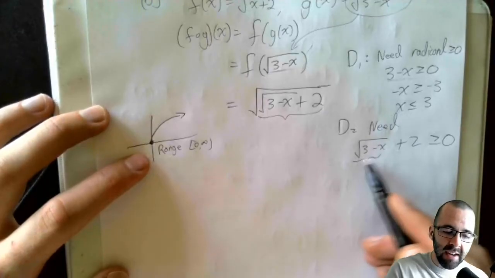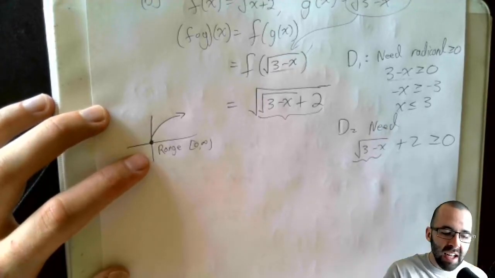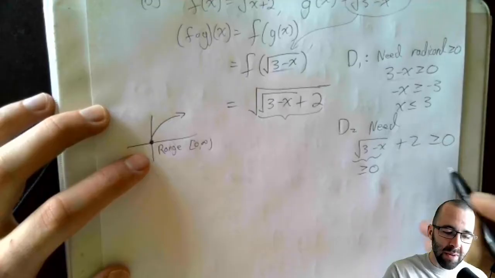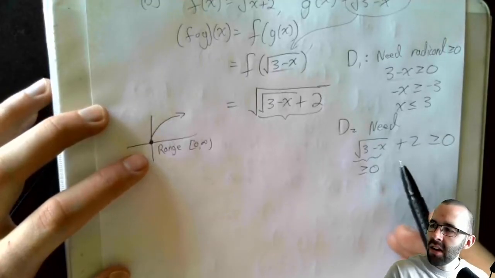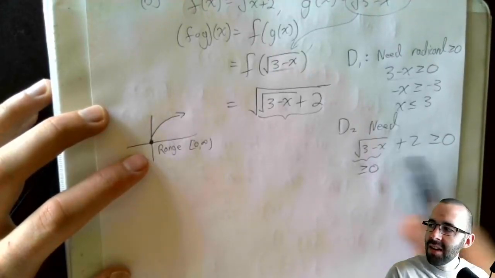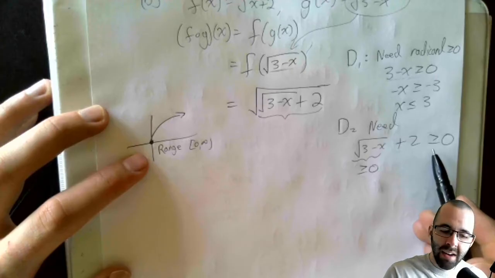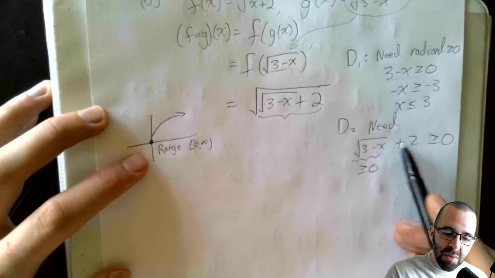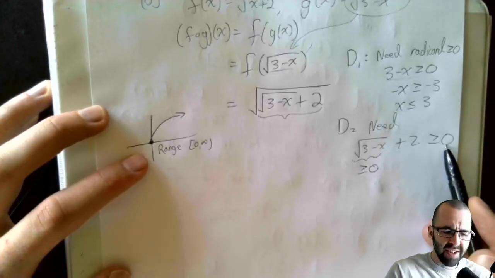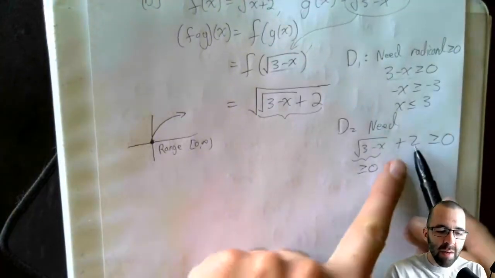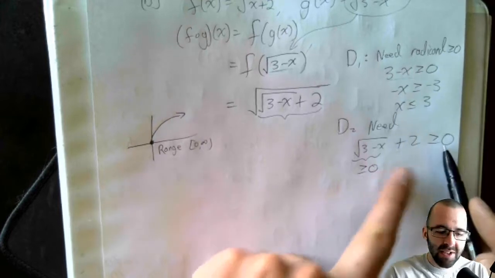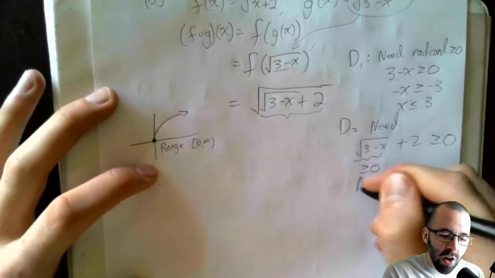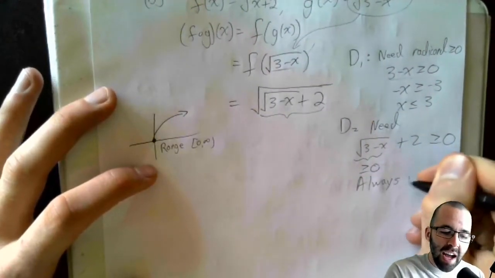Range is the output, so if this thing is always greater than or equal to 0, then isn't this always true? We have something greater than or equal to 0 plus 2. If you add a 2 to something that's positive, it's still going to be positive. Always true.